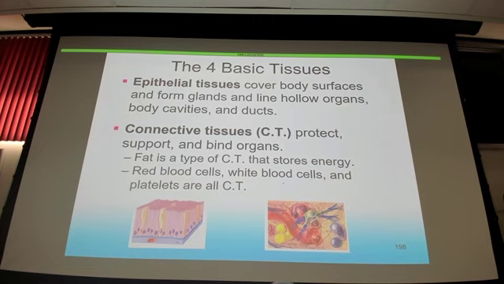One of the larger tissue groups we have to discuss is connective tissues, because there are a lot of different types of connective tissues, from things that go under your epithelial tissues to blood, to bone, ligaments, tendons. All those are different types of connective tissue.